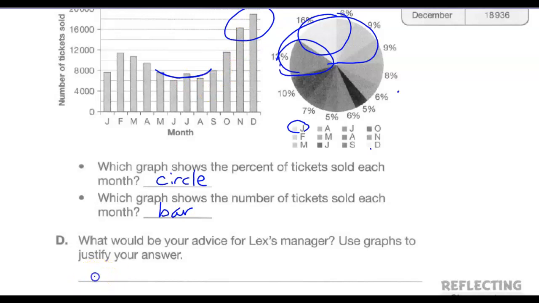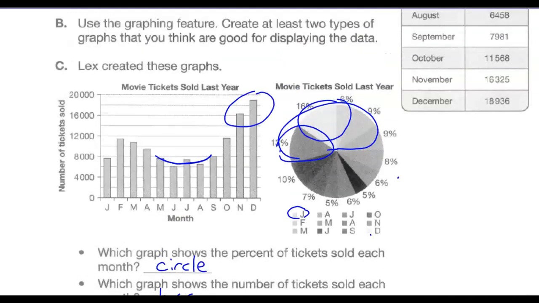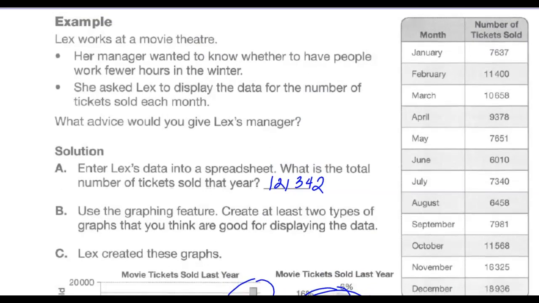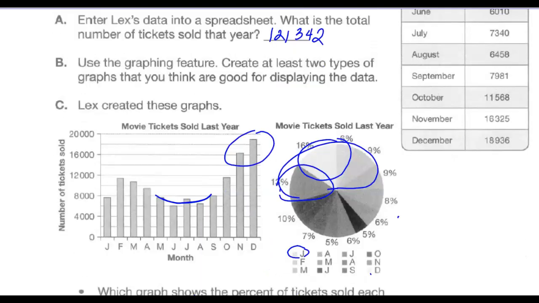the advice would be, so how was it worded here? Wondered whether to have people work fewer hours in the winter.